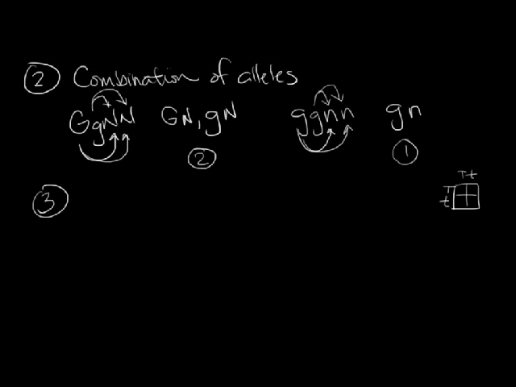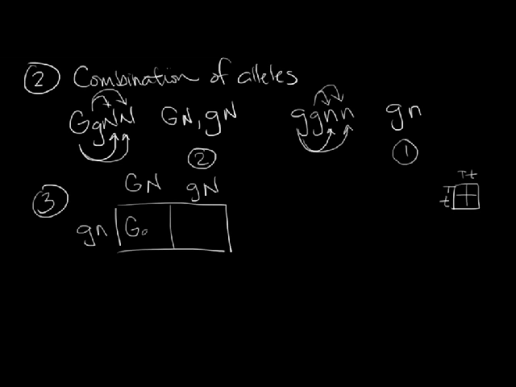So this is going to be a 2 by 1. So a 2 by 1 looks like this. 2 columns, 1 row. Okay. So we go ahead and put the letters. So big G, big N up here, little g, big N over here, little g, little n. Okay. Now we go ahead and combine them together.